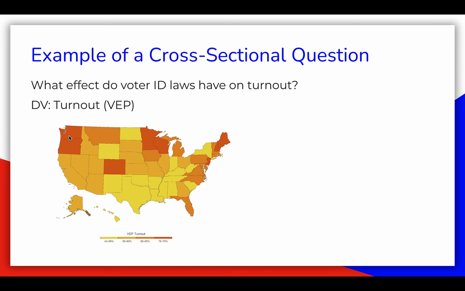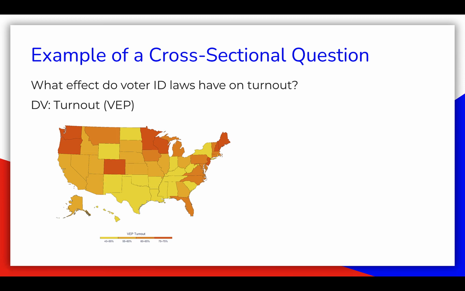An example here is, what effect do voter ID laws have on turnout? This is variation in the dependent variable across space, right? So these states have higher turnout compared to southern states, which have lower turnout, with the exception of Florida, which is probably attributable to the portion of the population that's older, which tends to vote at higher rates.